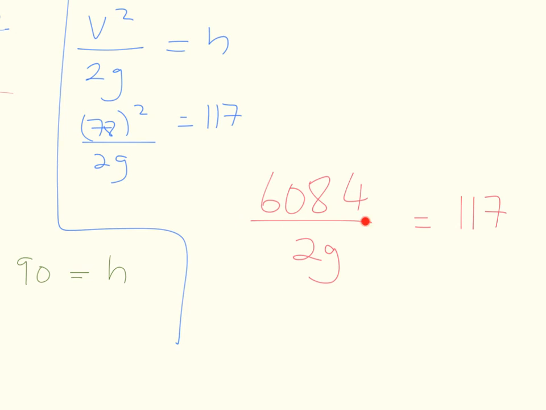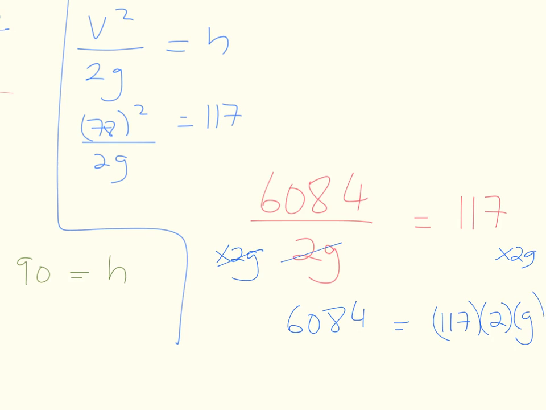So obviously we've got to divide by 2g here. I'm going to multiply by 2g. And also, if I do it to one side, I must do it to the other. So they will cancel, and I'm now left with 6084 equals 117 times 2 times g.